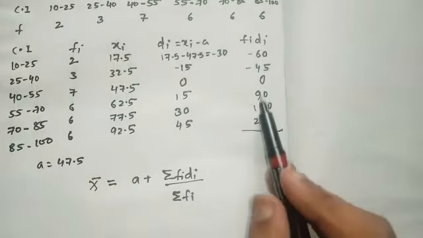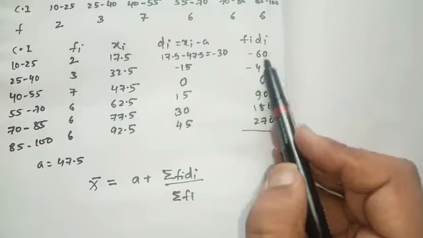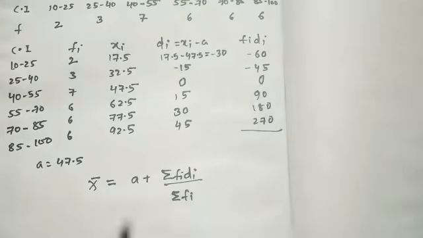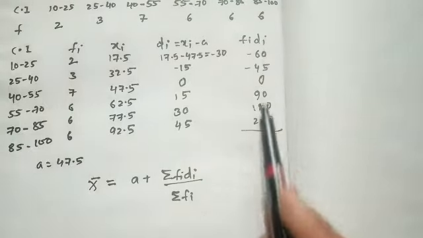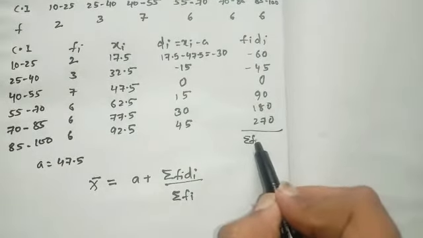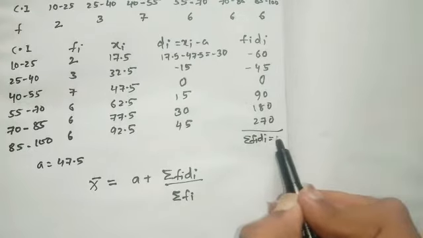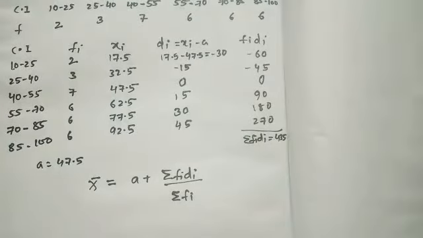When you add these three values, you will get one value. Then minus 60 minus 45 is minus 105. You have to subtract it from that. When you solve it, you will get sum of fi into di is equal to 435.